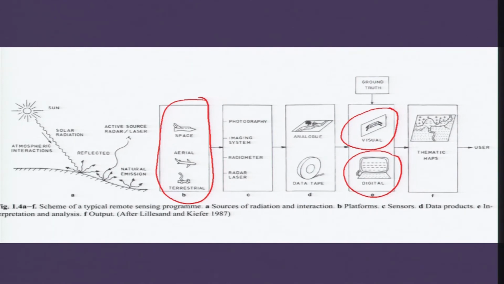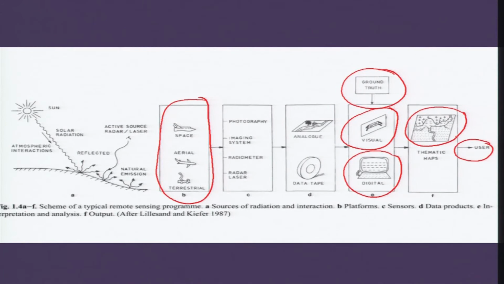And of course, you do the ground truthing, and then finally you generate different maps, what we call thematic maps, depending on what information you want to extract from the data available to you, because you cannot keep on extracting each and every data and make the interpretation sheet crowded. Okay. So depending on the user, whatever information you need, for example you need only river channels to be extracted, you can extract that and prepare your particular map.